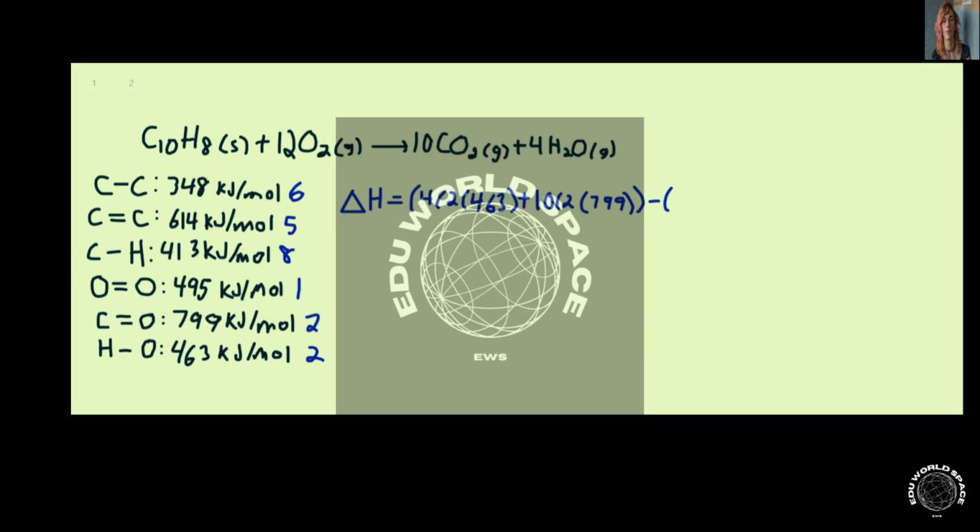minus, for the reactants, we have 12, and we have one OH bond, so we have 495. Let me see if I can pull this down, so I know I'm not going to have enough room for this.